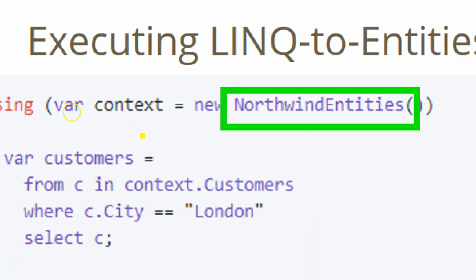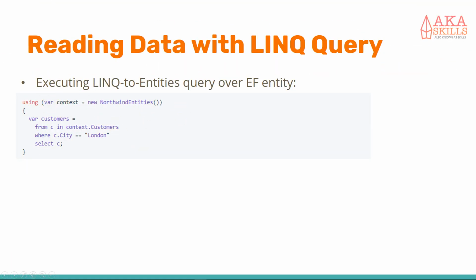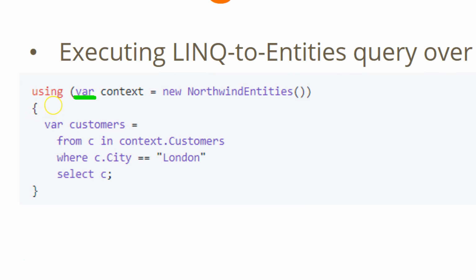The first naming convention is to call something with Entities. The other naming convention is to say DbContext. So, for example, I can say NorthwindDbContext, and that's fine. Usually most people prefer this one. I prefer it as well, but just know that you can use Entities as well. Okay, so we're creating the instance: var context equals new NorthwindEntities.